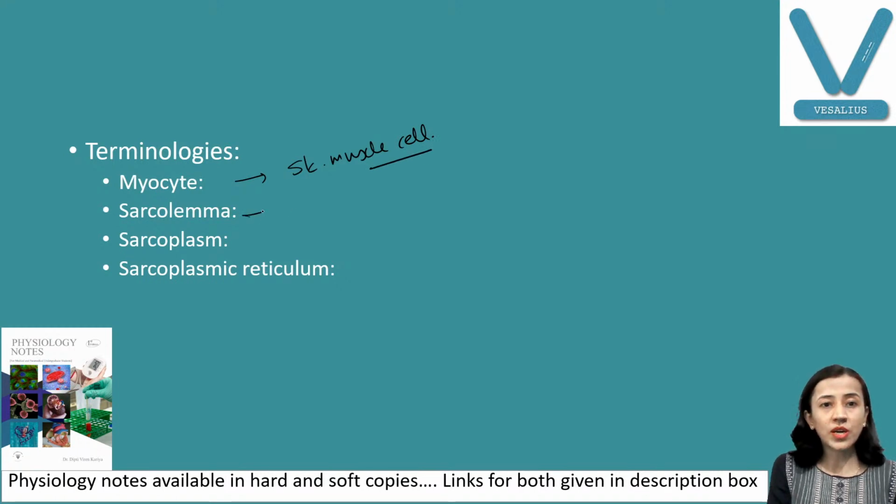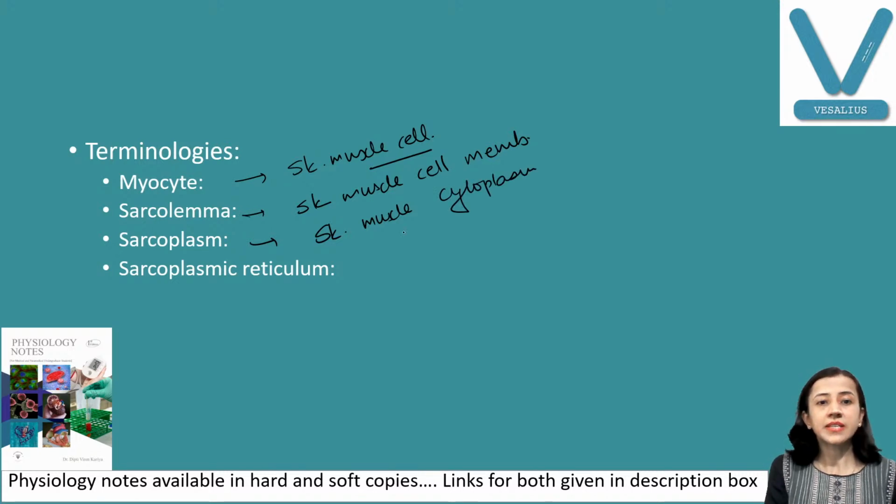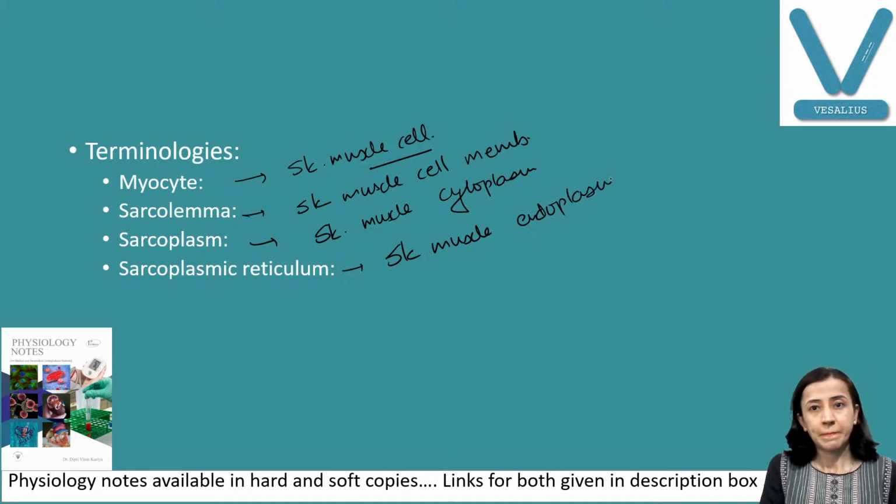Sarcolemma is the skeletal muscle cell membrane. Then sarcoplasm is the skeletal muscle cytoplasm, and sarcoplasmic reticulum is the skeletal muscle endoplasmic reticulum. These are the terminologies you have to remember.